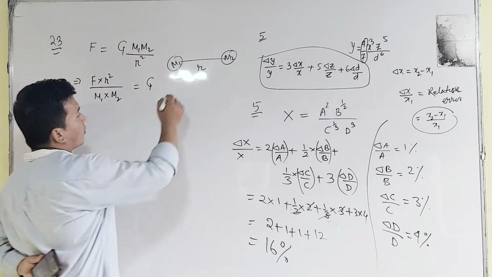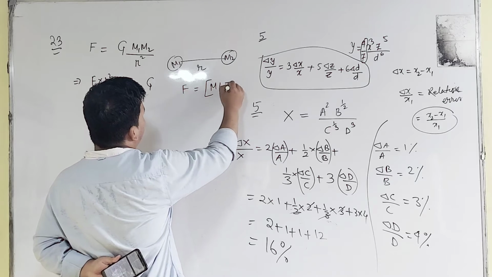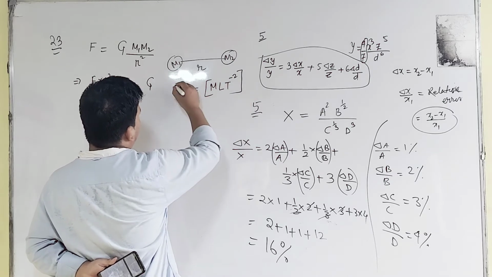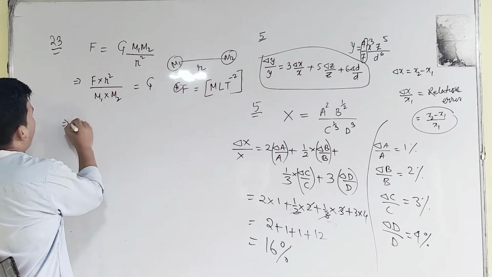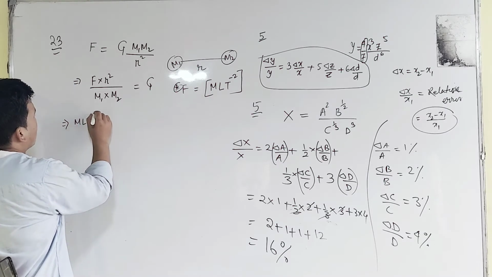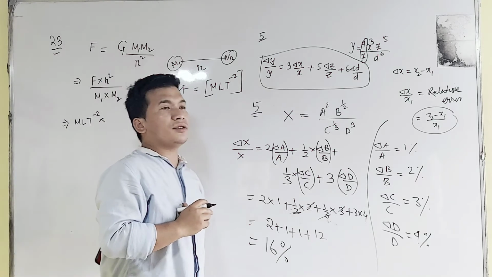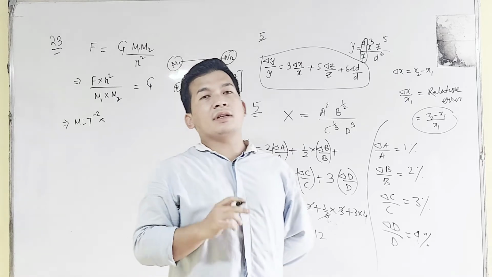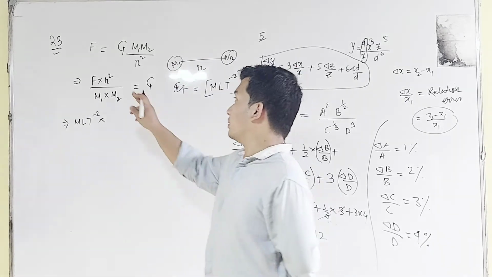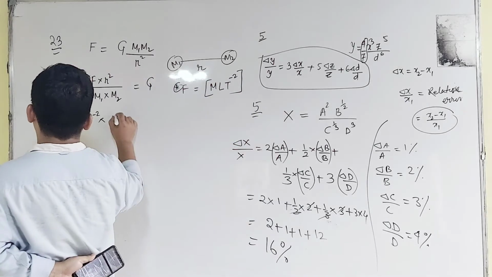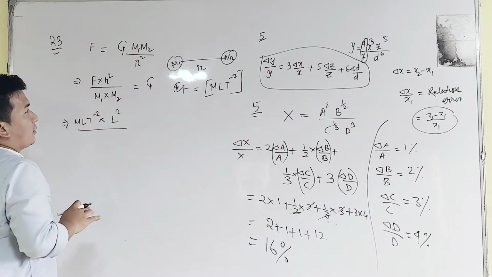The dimension formula of force is MLT inverse 2, which you should know by heart. What about R? R is the distance, usually denoted by the dimensional symbol L, so r square is L square, divided by mass, which is multiplied twice.